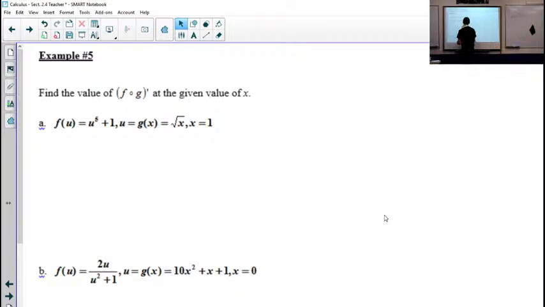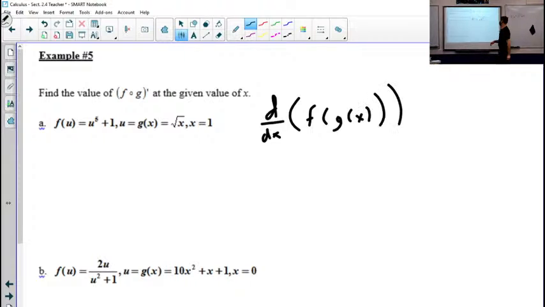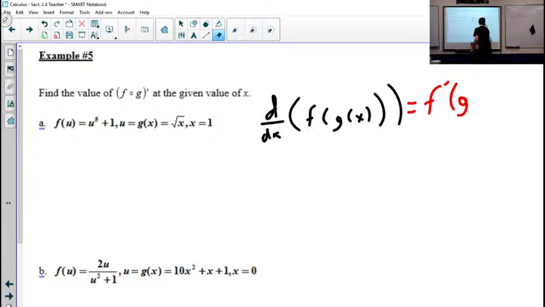So we are actually looking for the derivative of f of g of x. And we're actually going to use our derivative rule here. We use blue for outside and red for inside.